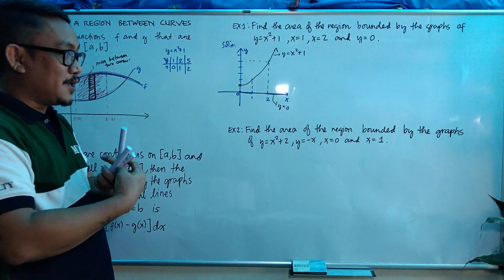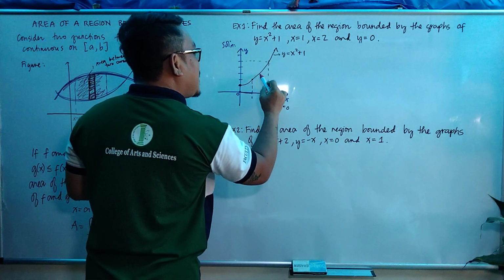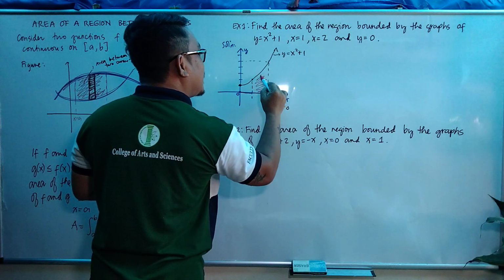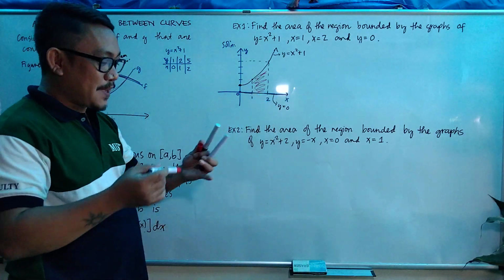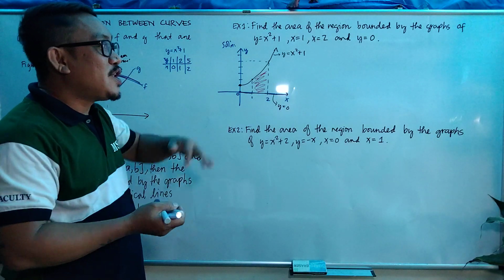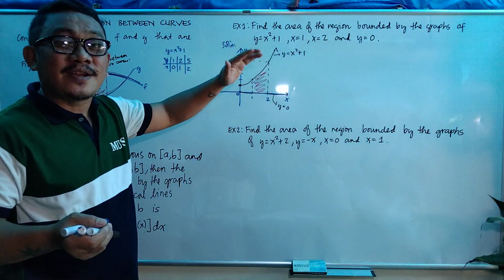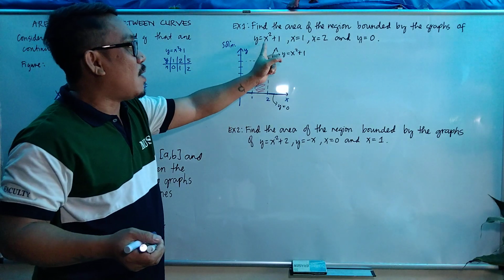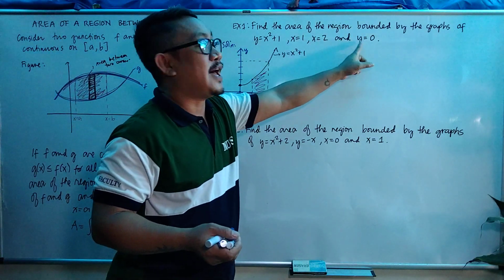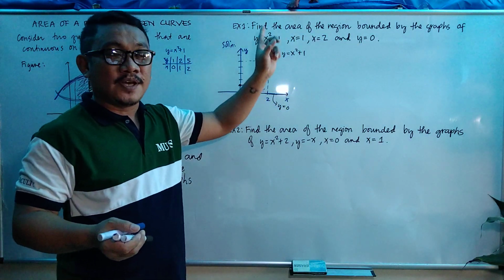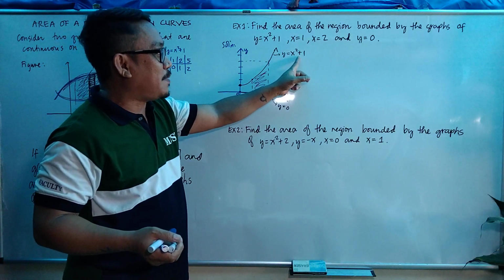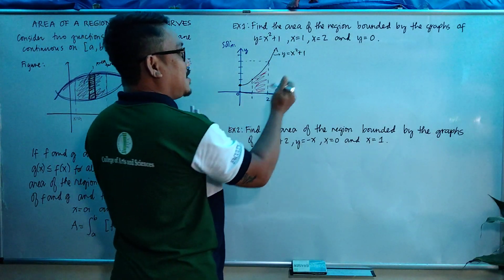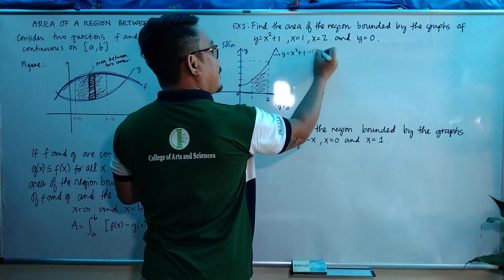We need to find the area of this region. Since we have sketched it, we can now determine which of the two is f of x or g of x. Since this graph is y is equal to x squared plus 1, that is our f of x.